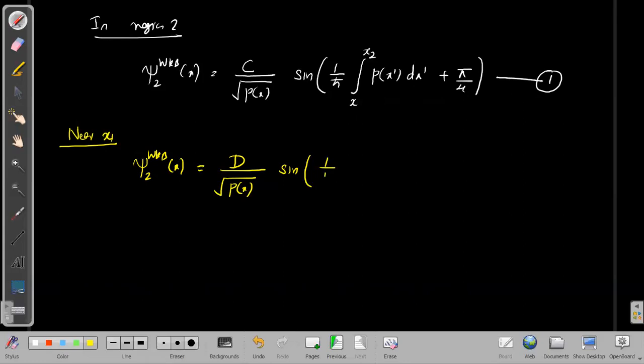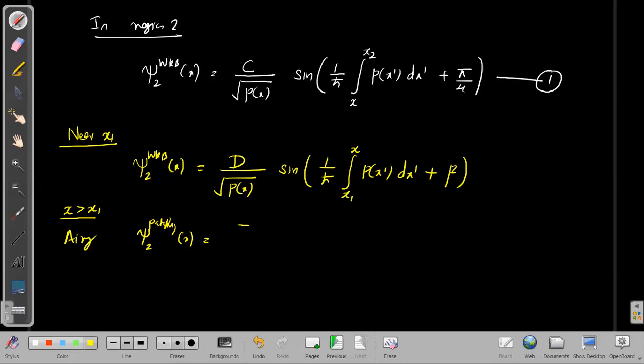So sine of 1 by h cross, and the limit would be from x1 to x, that is the only difference, integral of p of x prime plus some constant beta. Again near x1, for x just greater than x1, we can consider a patching wave function.